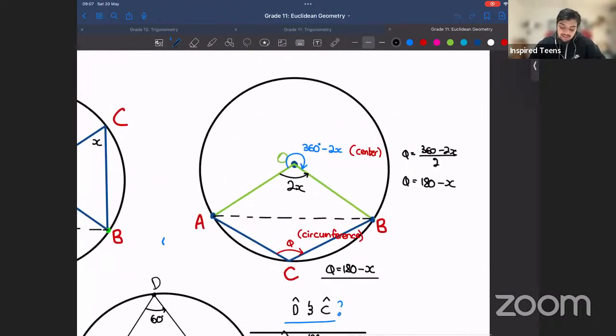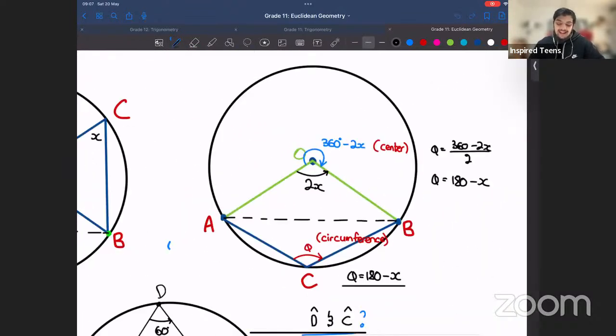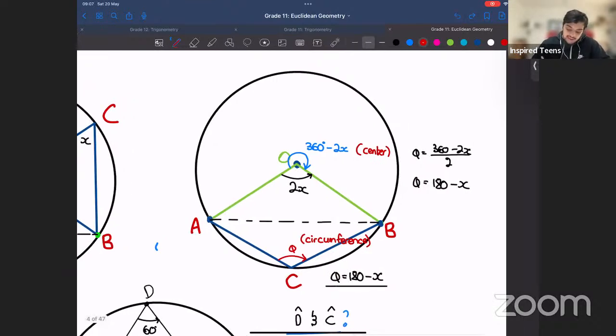Then we discussed what about if the angle at the circumference is in another segment. Remember we said that the circumference angle in the other segment is the circumference angle for which center angle?